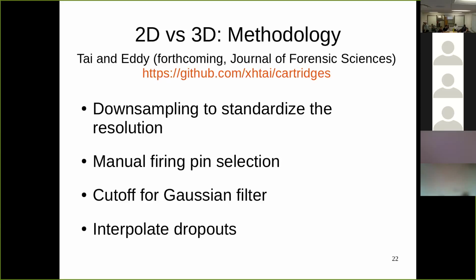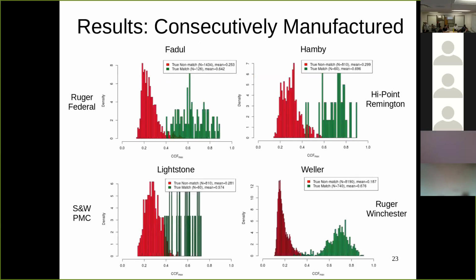We also tweaked the Gaussian filter cutoff slightly. And the final point is that there were dropouts in the 3D data, whereas the 2D data didn't have them, so we interpolated the dropouts.